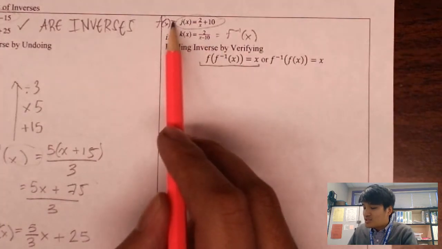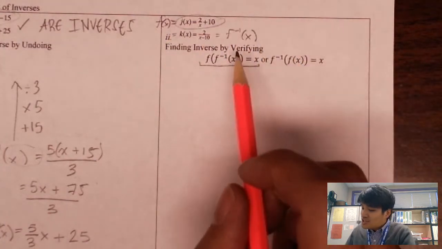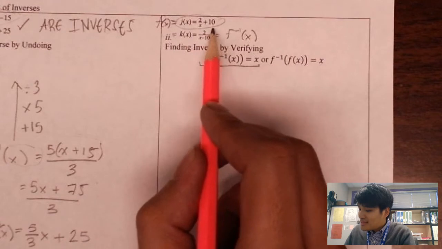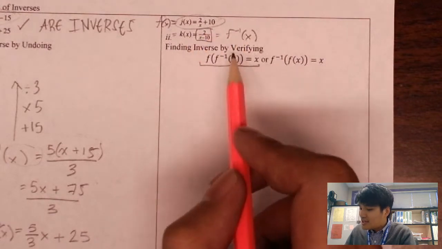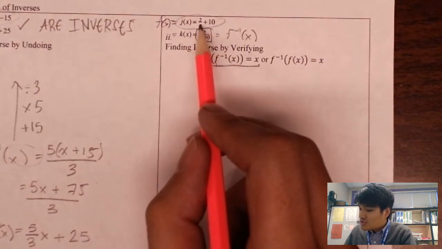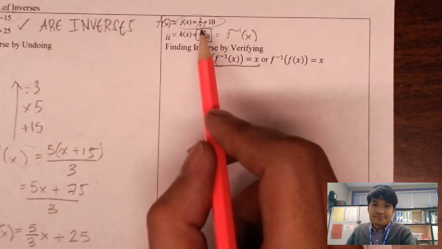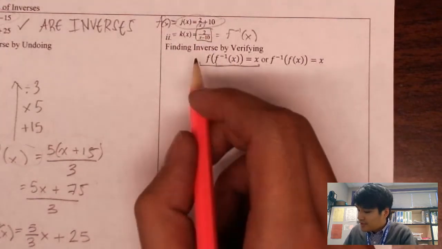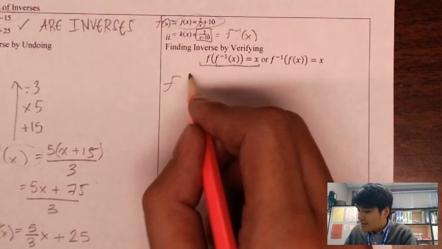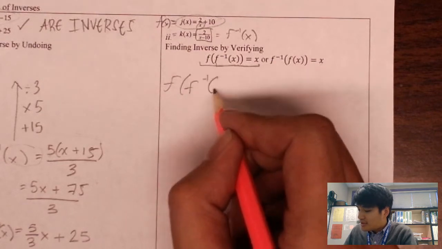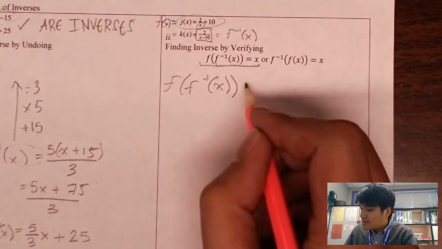I want to see if these two are inverses of each other. So I'm going to plug this guy, because this is f inverse of x, into this x right here. How that's going to look is like this: f of f inverse of x.